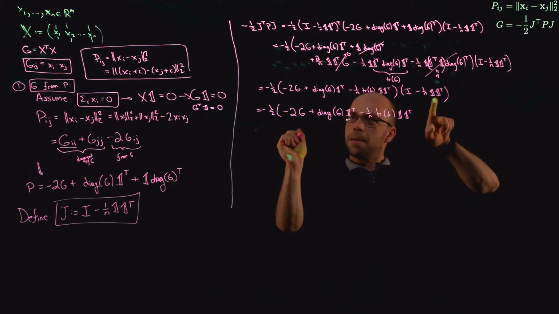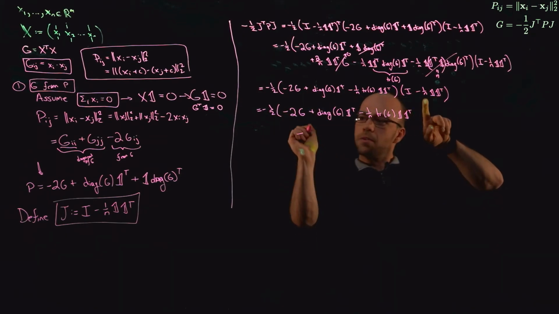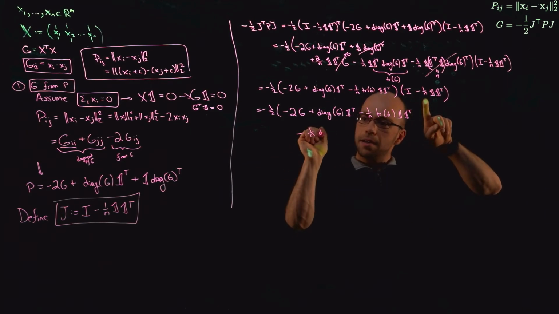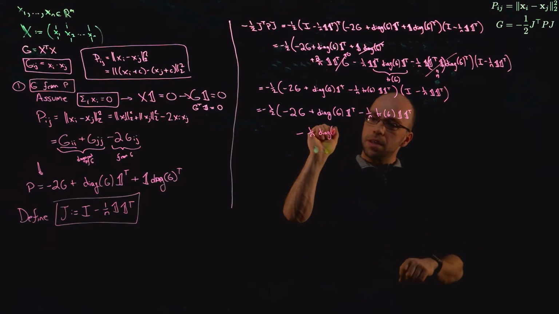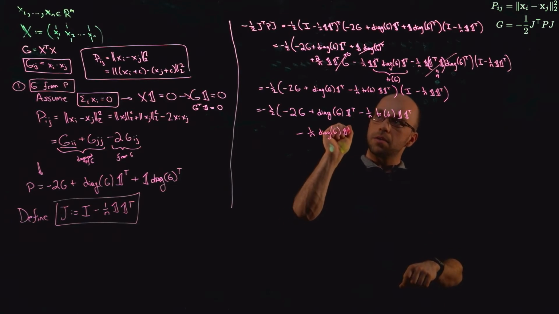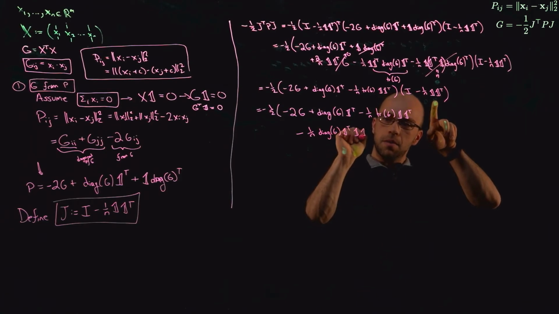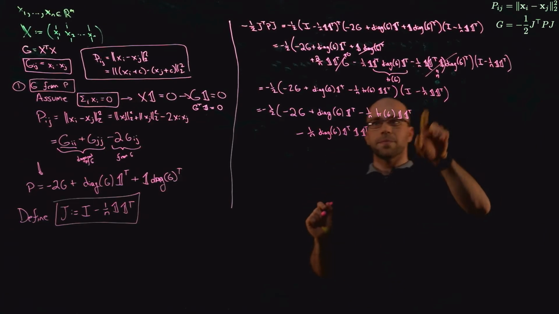We'll have minus 1 over n, and now we have a diagonal of g 1 transpose times 1, 1 transpose like that.